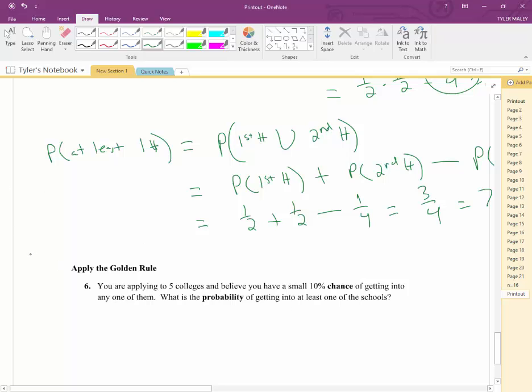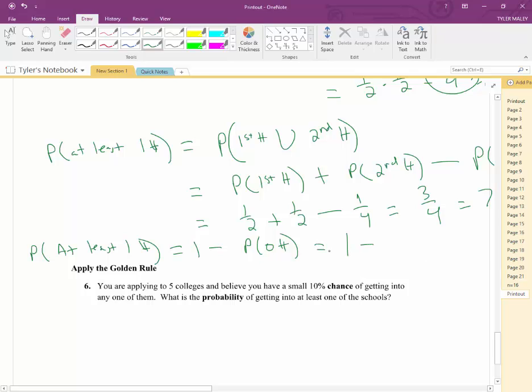Another way that we could calculate the probability of at least 1 head would be to apply the third law of probability. So this would be equal to 1 minus the probability of getting 0 heads. The complement of getting at least 1 head would be 0 heads, or in other words, getting all tails.